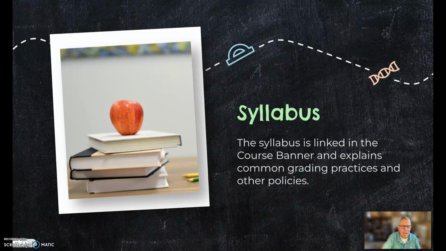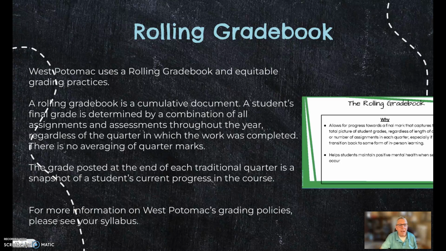The syllabus you will find in the Start Here folder in Schoology. It outlines grading policy and goes over the curriculum framework. The most important thing about grading that you should know is this: it is divided into two parts.